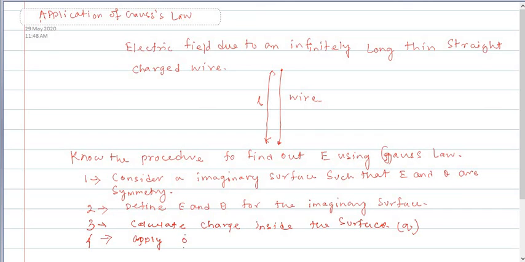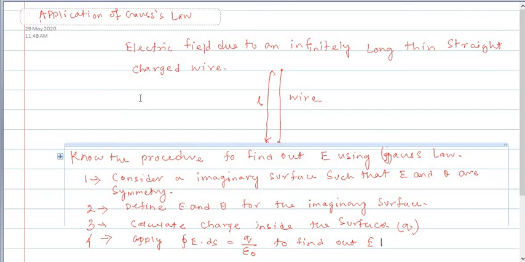Apply Gauss theorem, that is closed integral EdS is equal to Q by epsilon naught, to find out electric field intensity E. So by following these 4 procedures we can calculate electric field intensity using Gauss law.